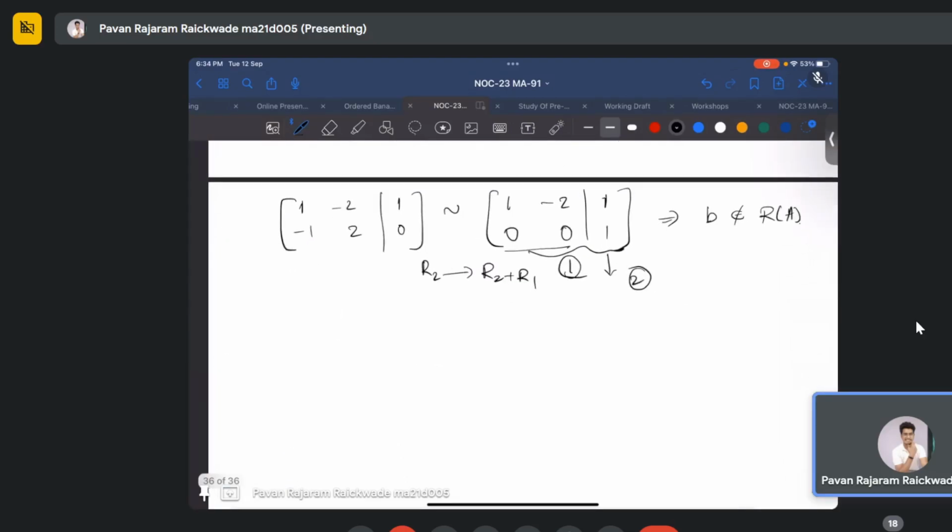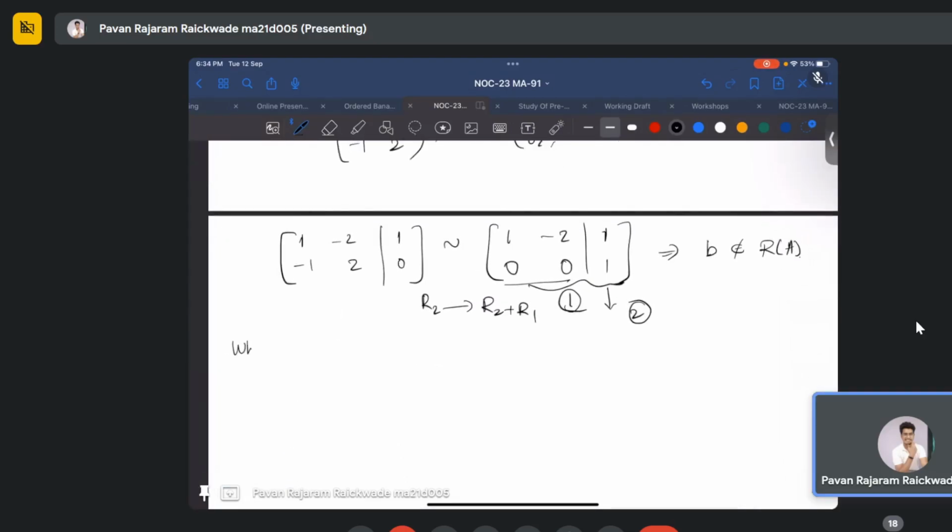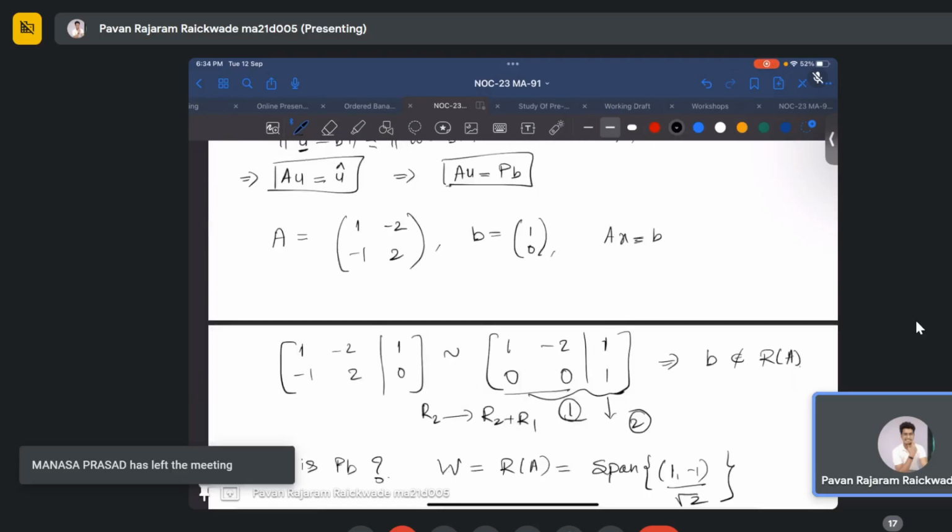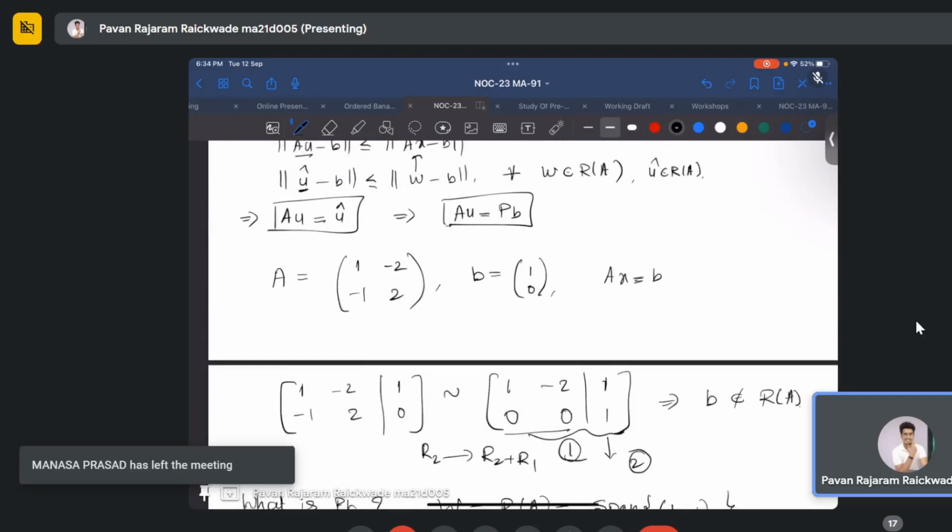Now what is Pb? For that you need W. W is range of A. What is range of A? It is span of the element 1, minus 1, and if I want to take an orthonormal basis, it is 1, minus 1 upon root 2. Range of any matrix is its column space.